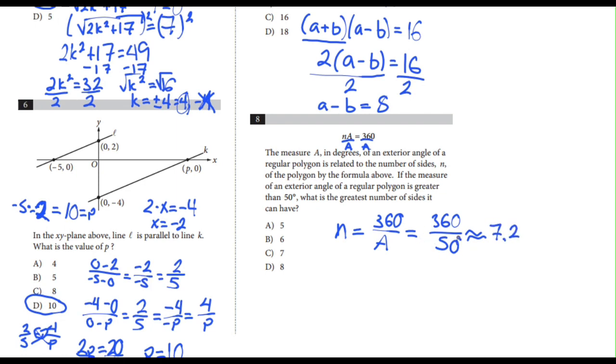And since we know that the number in the bottom, a, has to be a number bigger than 50, that's going to make our result smaller. If the number in the denominator gets bigger, our result gets smaller. So the maximum number of sides that we can have is going to be 7. Because when we plug in 50, we get 7.2. And the closest whole number below 7.2 is going to end up being 7.